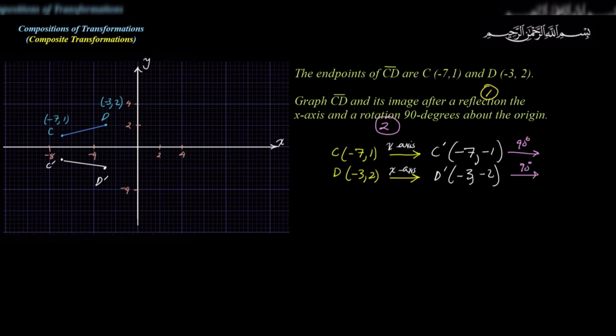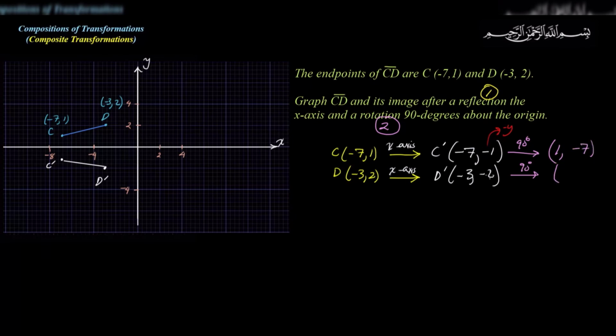Okay, if you recall, when you're doing a 90-degree rotation, you make the y negative, and that will take the place of x. So you take the y, make it a -1, and put it in place of the x. So this will become 1, and then the x will just shift into the y position, -7, like this.